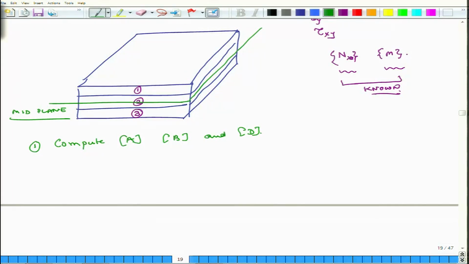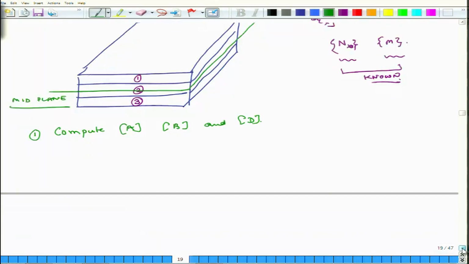At this state, nothing in the laminate is broken. So, we compute the A, B, D matrices of the laminate, and then we calculate the midplane stresses, midplane strains and midplane curvatures of the plate.